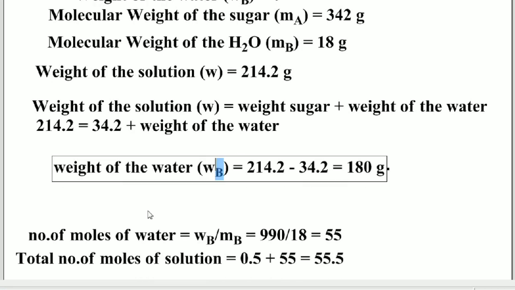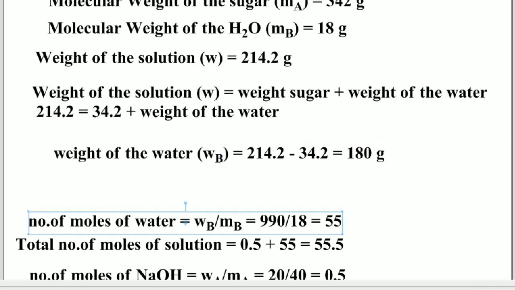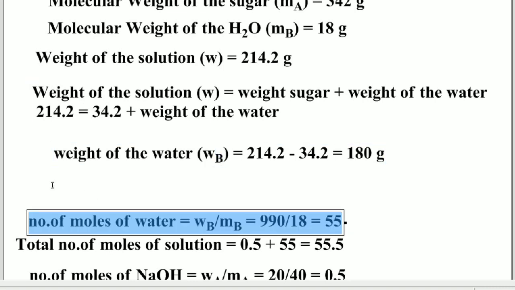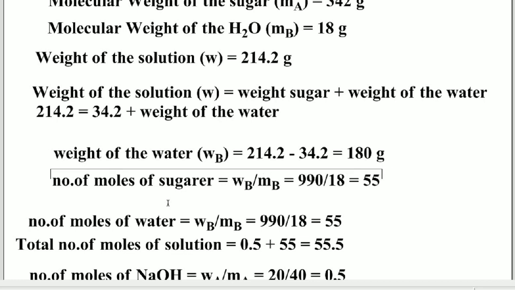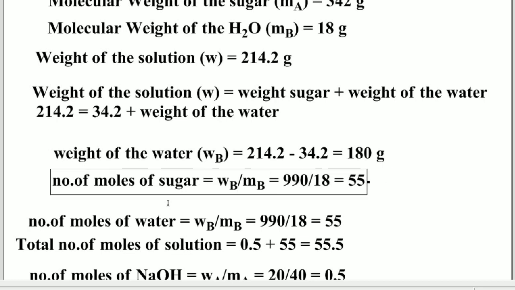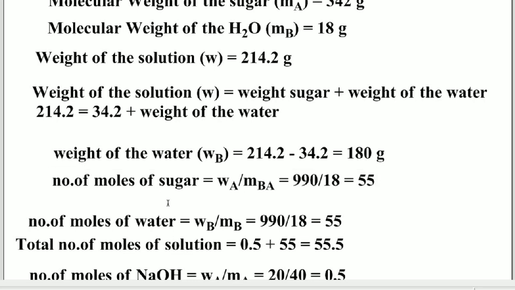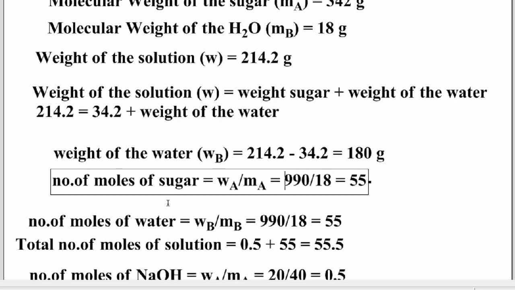So students, we know the WA and MA, WB and MB. Now we can find the number of moles of sugar and number of moles of water. Then we can easily find the mole fraction of the sugar. Number of moles of sugar is equal to weight of the sugar by molecular mass of the sugar, that is 34.2 grams by 342, that equals 0.1.